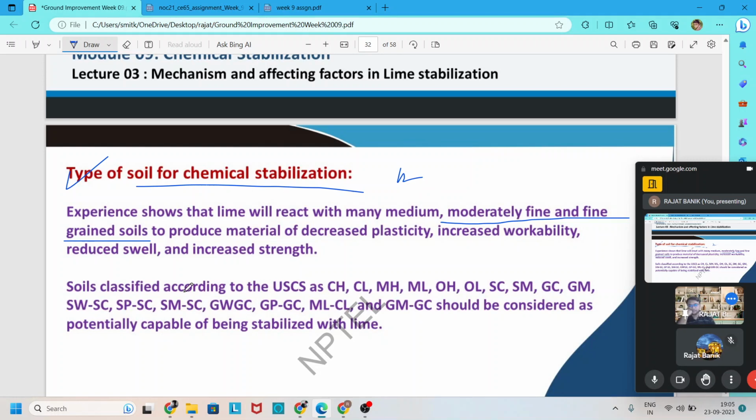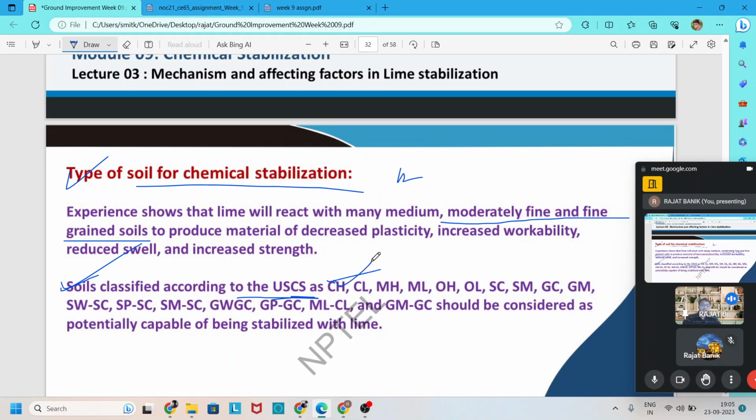Here a classification of soil suitable for lime is given, based on the USCS classification, which is similar to our IS classification. The soil classifications given are CH, CL, MH and ML, which we already discussed in our soil mechanics class.